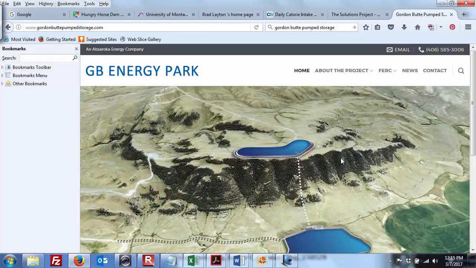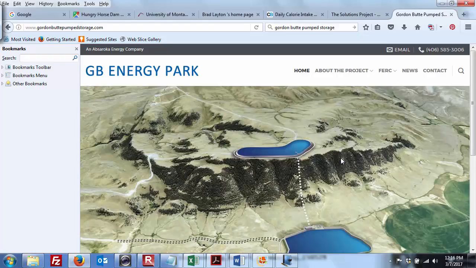It's a 400 megawatt project, and as I said before, it's a little weird to talk about storage in terms of power. Like normally you would think, how much energy am I storing? Well, the convention now is to talk about storage in terms of power.